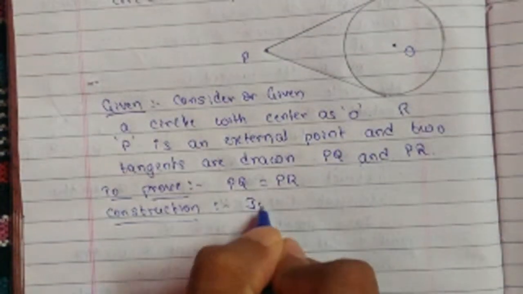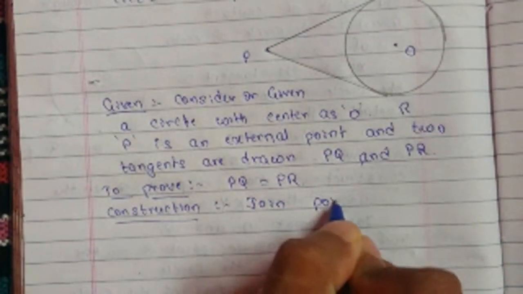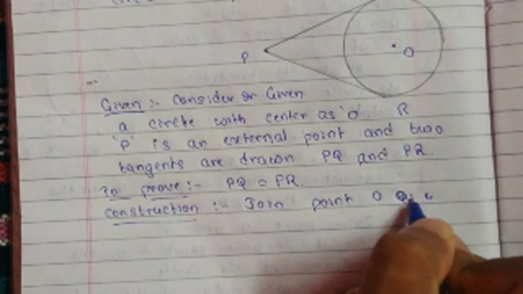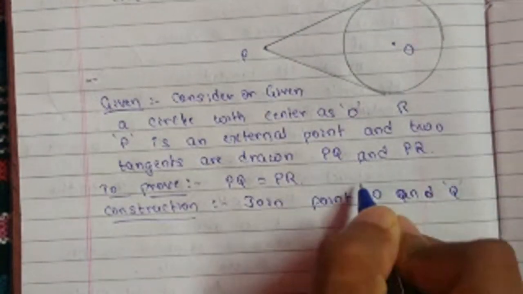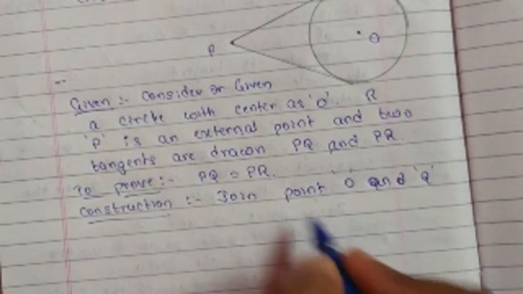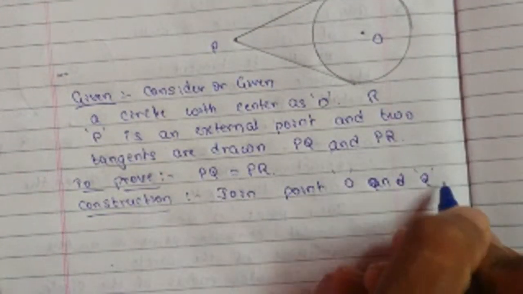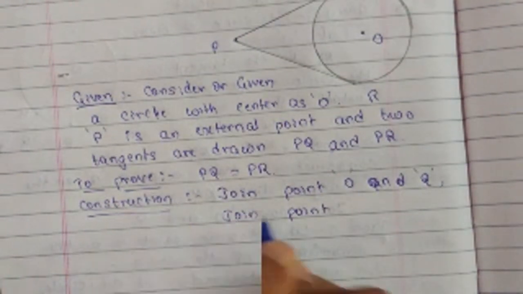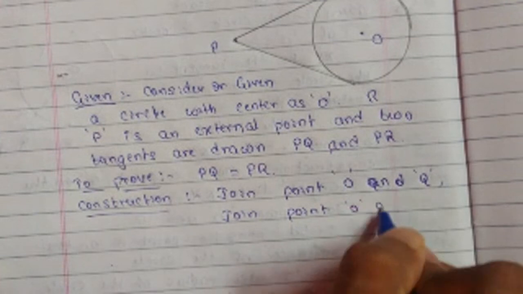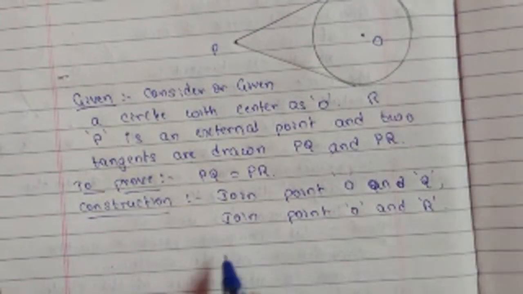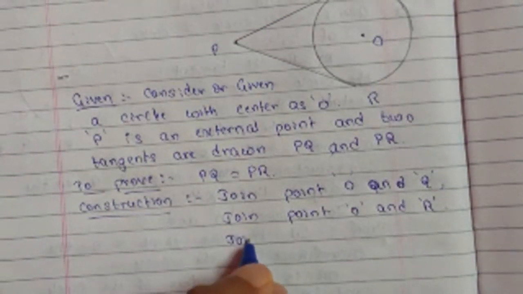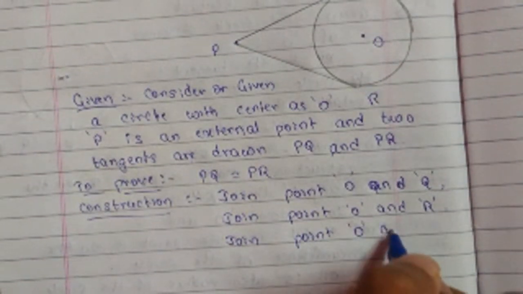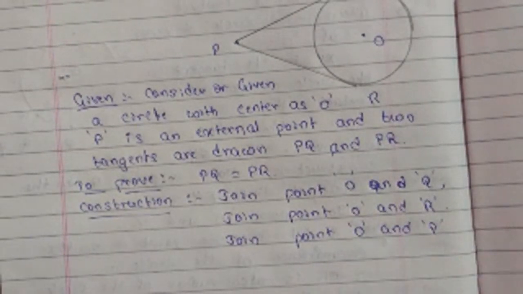Join point O and Q, then join point O and R, join point O and P. These are the 3 points.